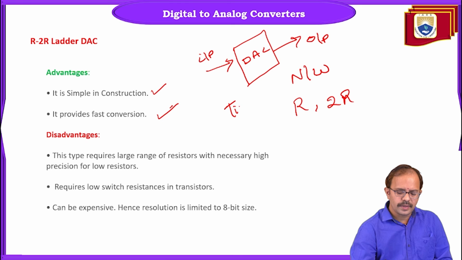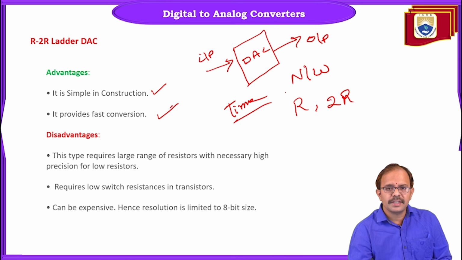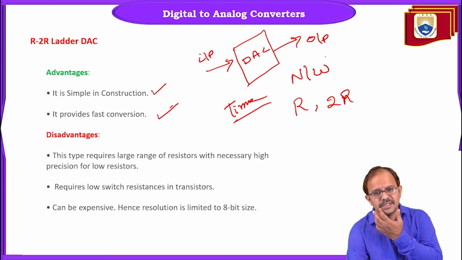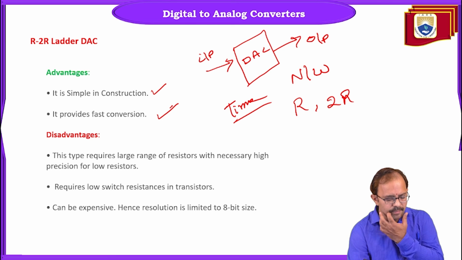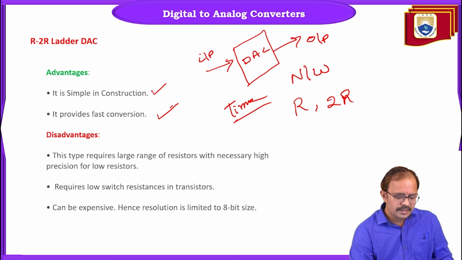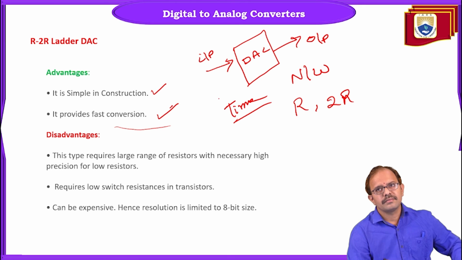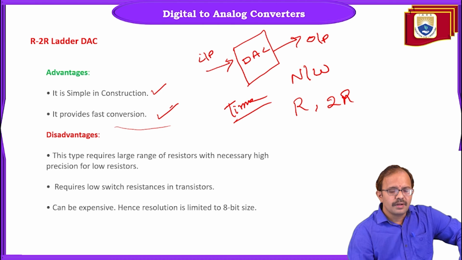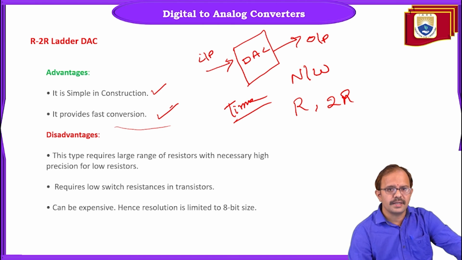What is the time required to convert this input data to output, the conversion of data from digital to analog? Compared to the previous one, the weighted resistor DAC, it has a fairly fast speed. So that's why we said it provides a fast conversion of data from digital to analog. So these are the merits or advantages of the R2R ladder DAC.